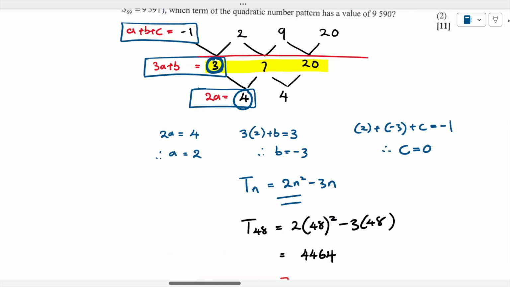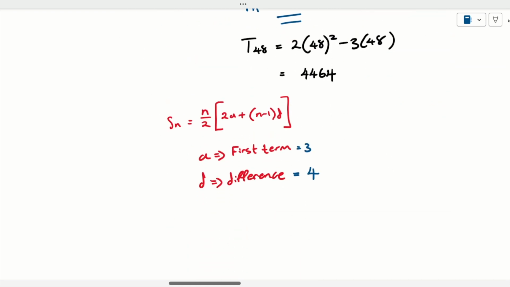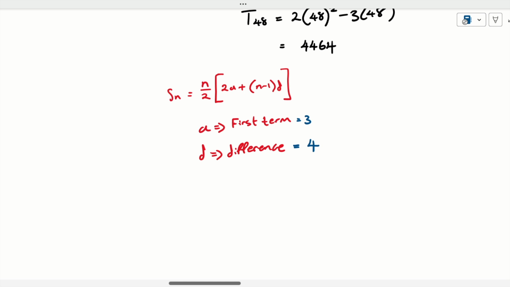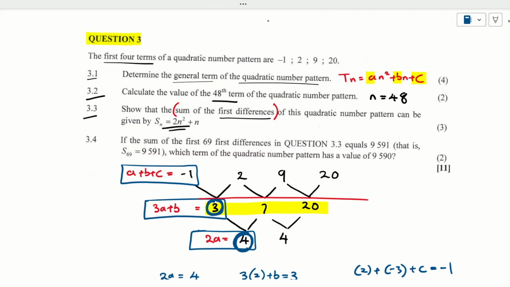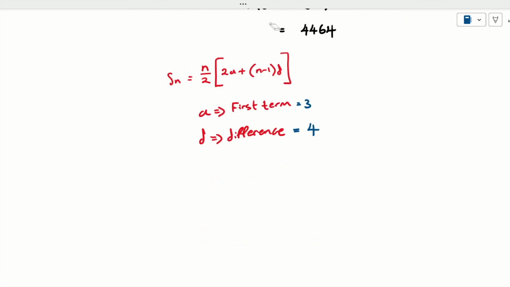The difference is 4. Now let us substitute these values into Sn. Remember, the question wants us to prove the summation solution. So we have Sn equal to n over 2 multiplied by 2 times 3 plus n minus 1 multiplied by 4.